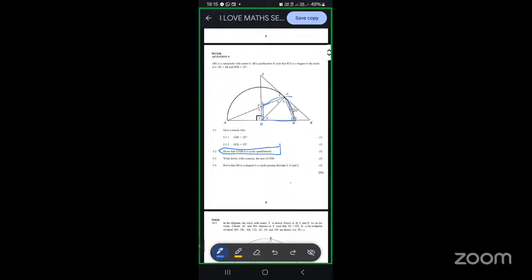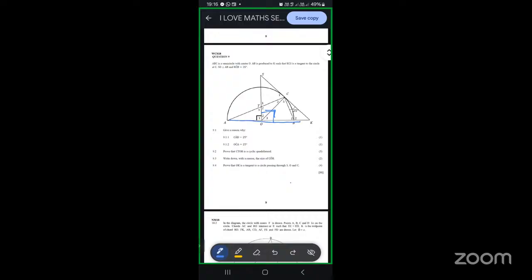So how are we going to prove that? We are already given that this angle is 90 degrees. Therefore, this angle will be 90 degrees as well, reason being angles on a straight line are supplementary. Then we go to our semicircle because there exists this diameter.